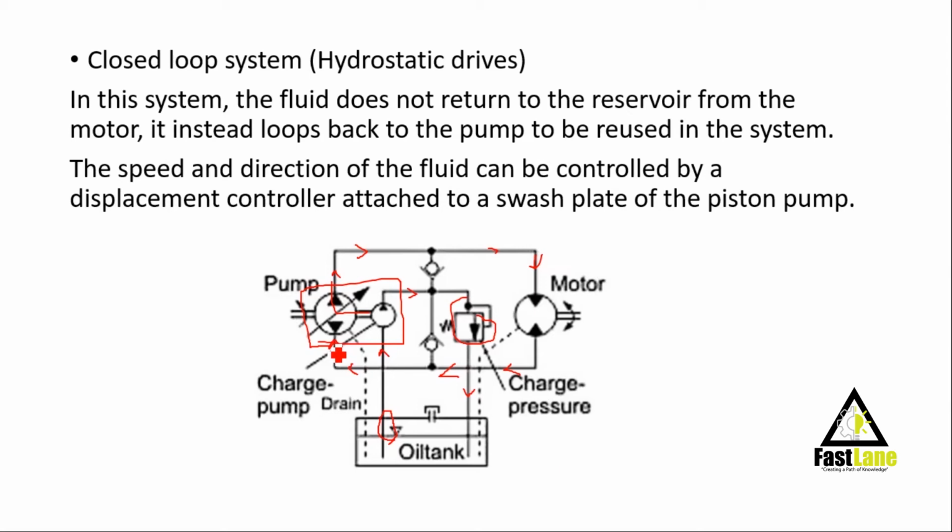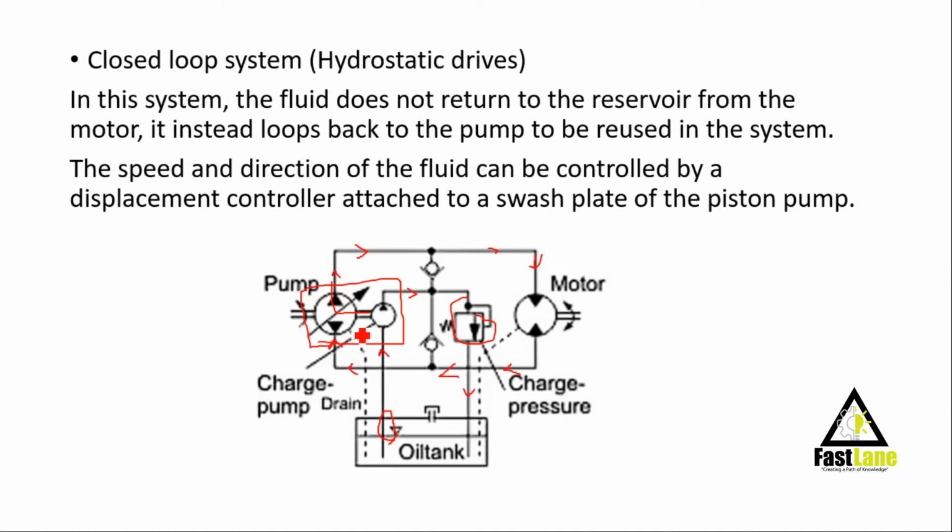We have a displacement controller which is attached to a swash plate. We shall look at this in the subsequent lectures. So the direction is controlled within the pump itself. That's where you control the direction of fluid flow, whether in the opposite direction or in the normal direction.